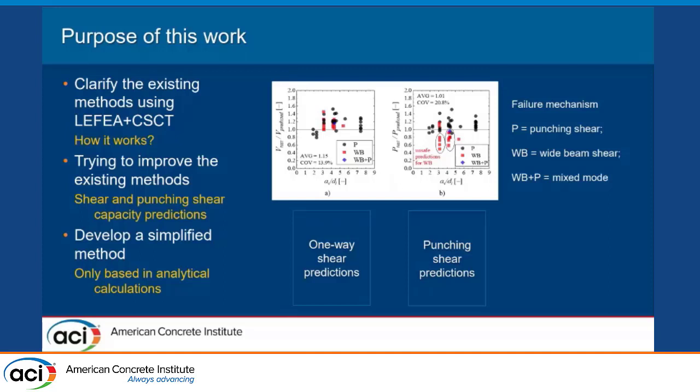So if we look at the one-way shear method, we will see that it provides accurate values of resistance regardless of whether the slabs failed by one-way shear as wide beams, which are the red points, or by punching shear as slab-column connections, which are the black points. But in the case of the punching shear method, we realize that the method works fine only for the tests that developed punching shear failure. In the case of the slabs that failed as wide beams in one-way shear, the predictions can be overly unsafe.